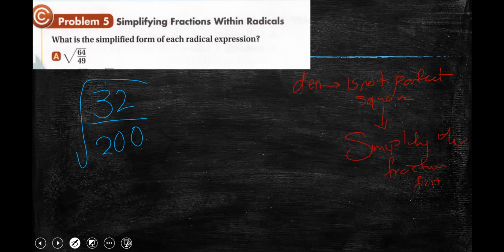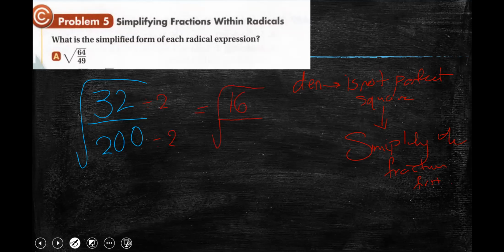Okay, I want to divide by 2. Since we divide the numerator by 2, we have to divide the denominator by 2 also. Now 32 over 2, 16. And 200 over 2, 100.